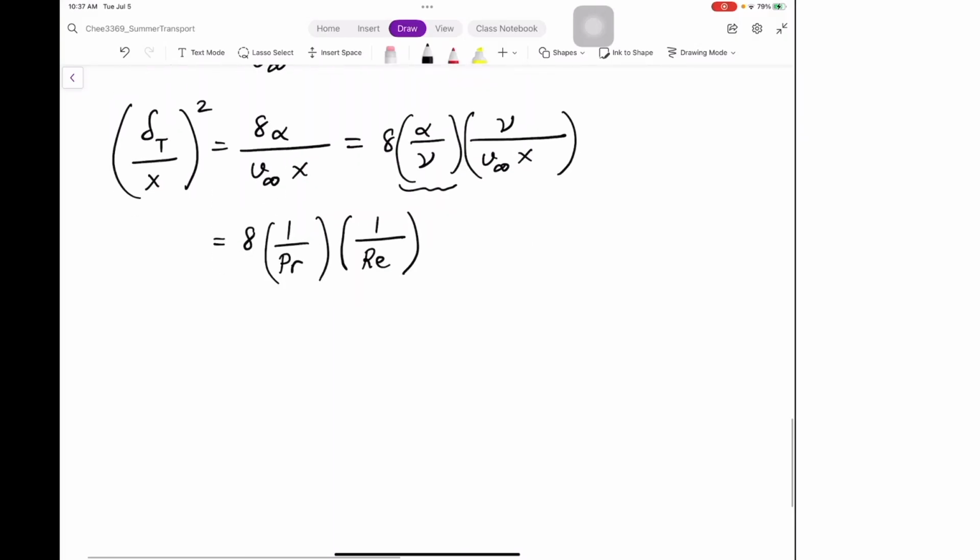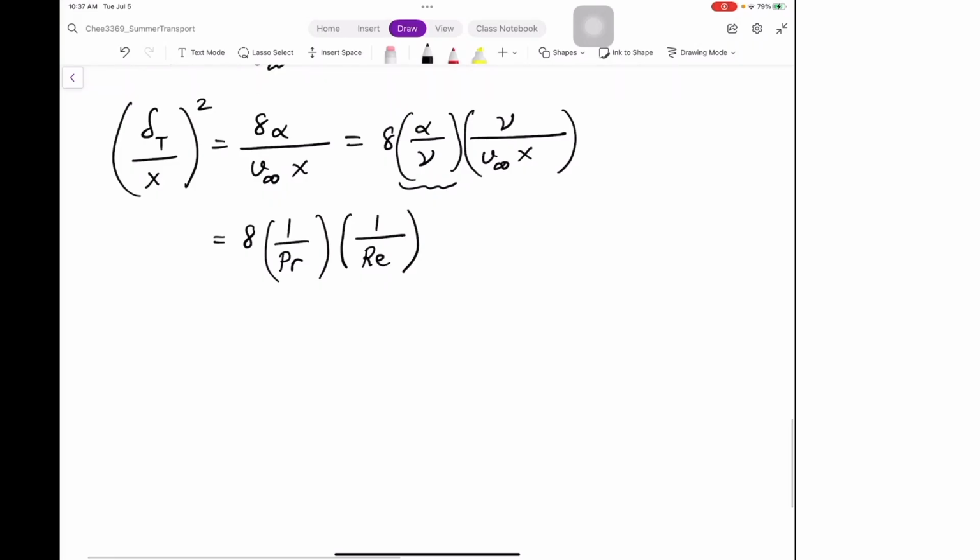And then if you take the square root of both sides, delta T over x becomes equal to 8 to the power 1/2, Reynolds number x to the power negative 1/2, Prandtl number to the power negative 1/2.